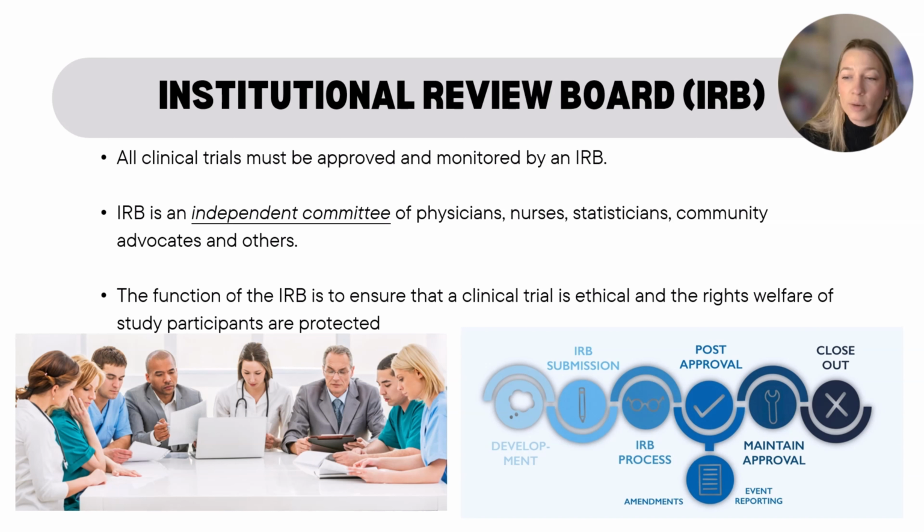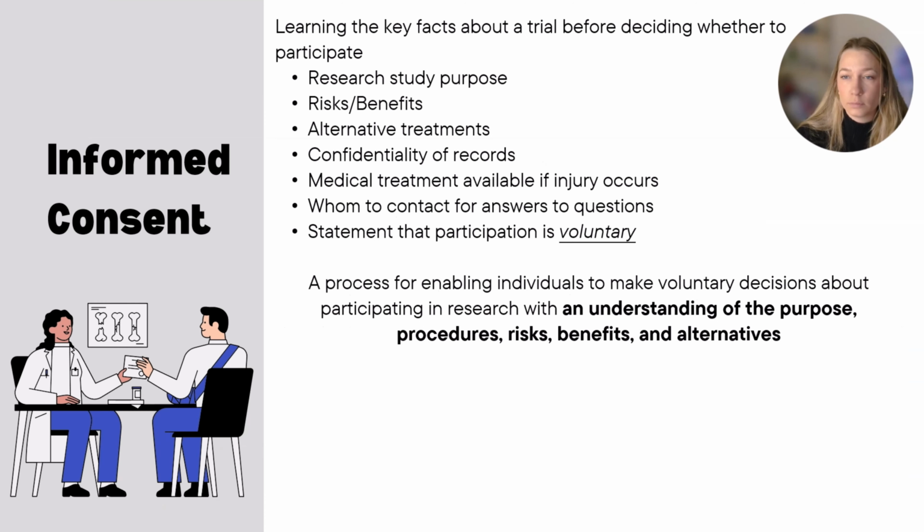So without IRB approval, the research cannot legally proceed, and any ongoing studies are monitored throughout their duration to make sure nothing goes off the rails. What was approved prior to your study by the IRB must continue to be upheld throughout the duration of your experiment as well. Now let's focus on informed consent.